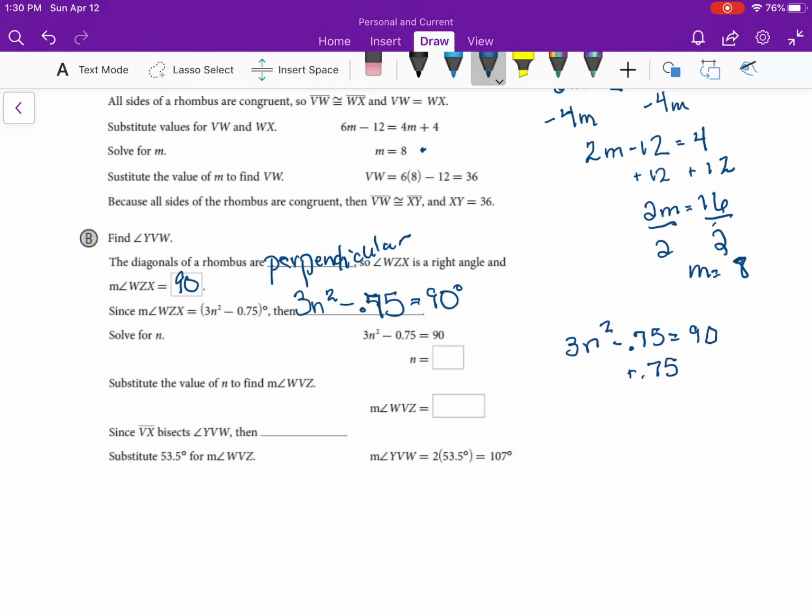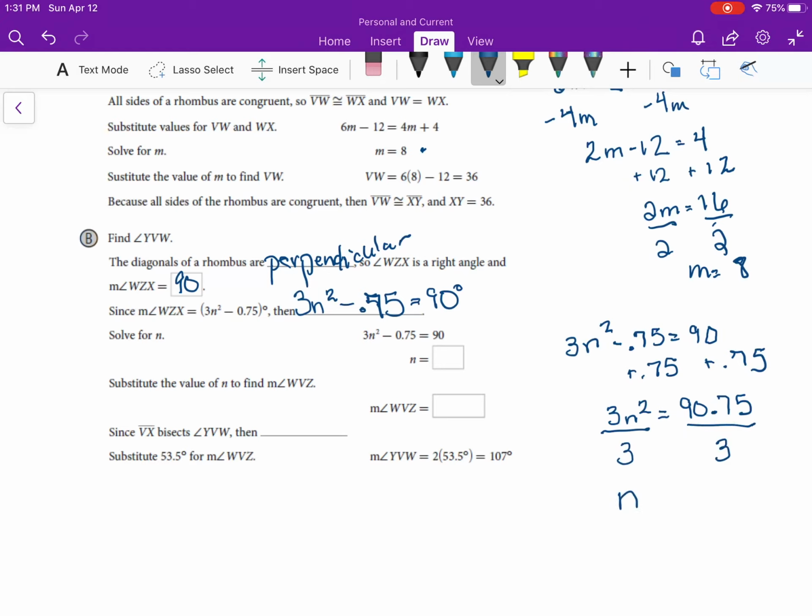So first I add 0.75 to both sides. 3n squared equals 90.75. Now I can divide both sides by 3.